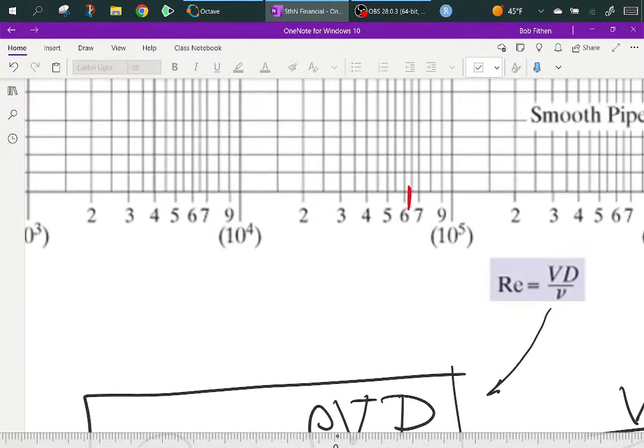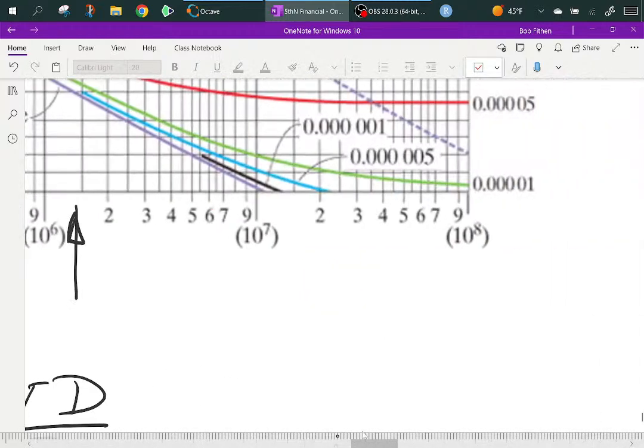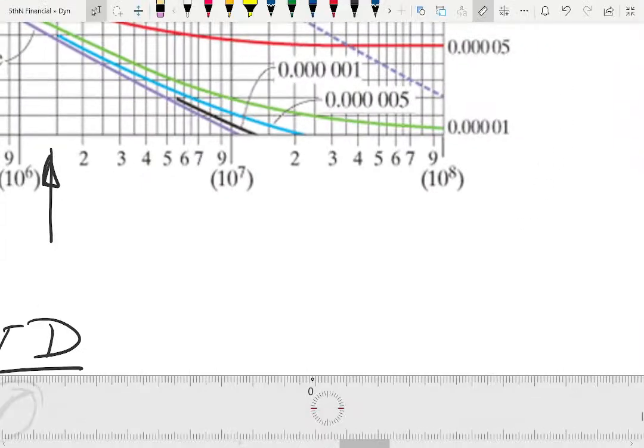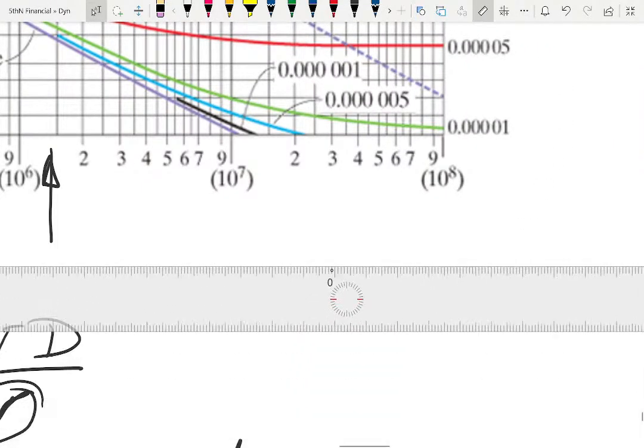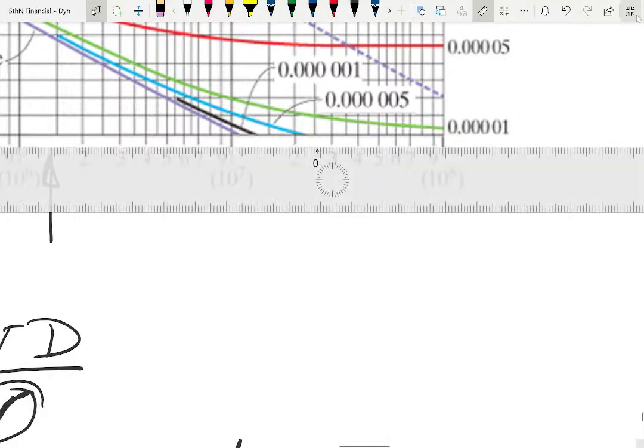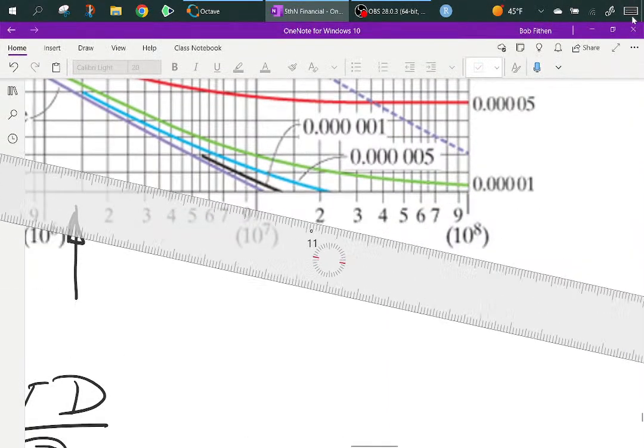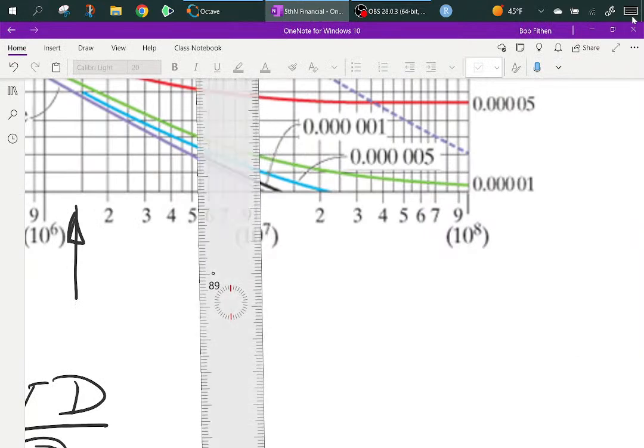So now, if I can get my ruler up there, I have to go back to full screen, move my ruler up, then come back to not full screen. Go to 90 degrees.